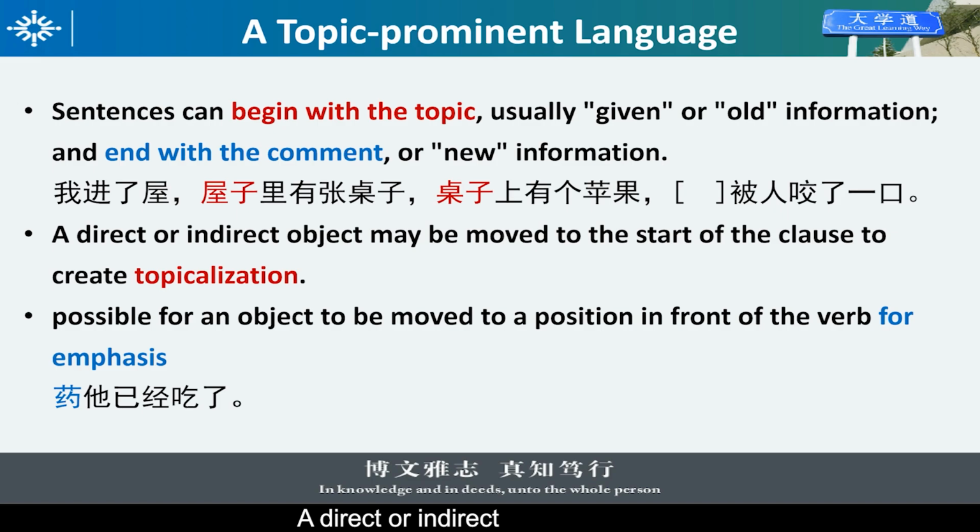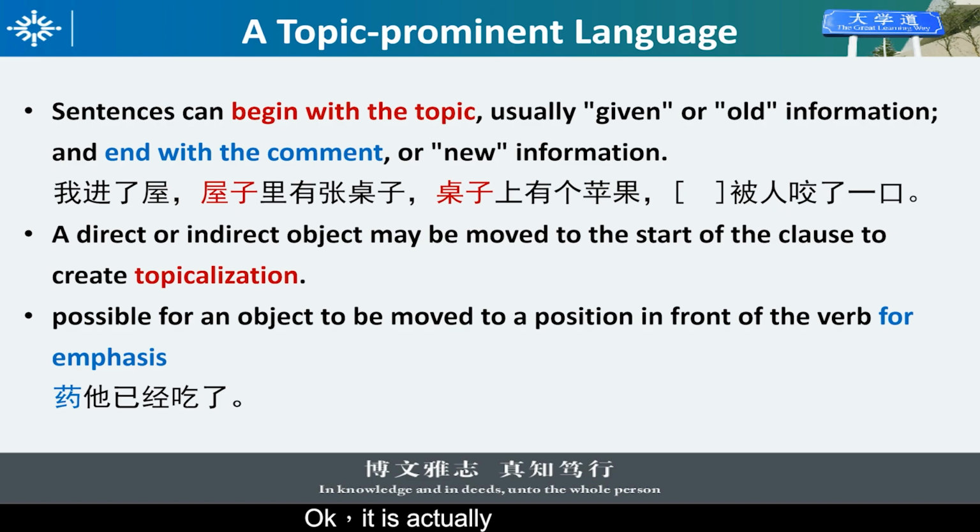A direct or indirect object may be moved to the start of a clause to create topicalization. This phenomenon is called topicalization. And it is possible for an object to move to the position in front of a verb for emphasis. For example, 药他已经吃了.